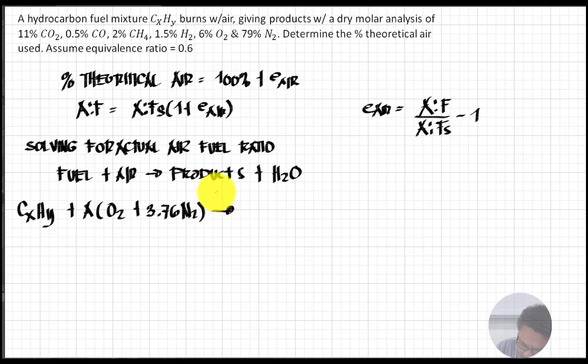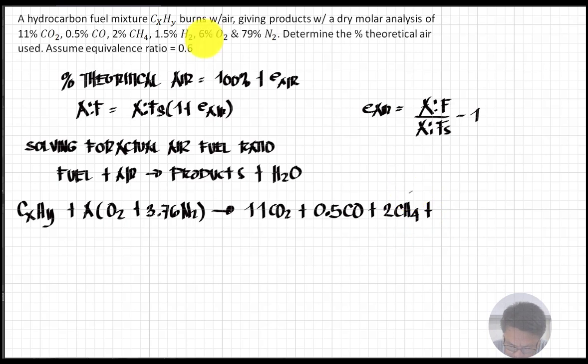For the product, we have 11 of your CO2 plus 0.5 of your CO. This is your product of combustion, plus 2% CH4, plus 6% of oxygen, so 6 of your oxygen, then plus 79% of your nitrogen, so that will be N2.